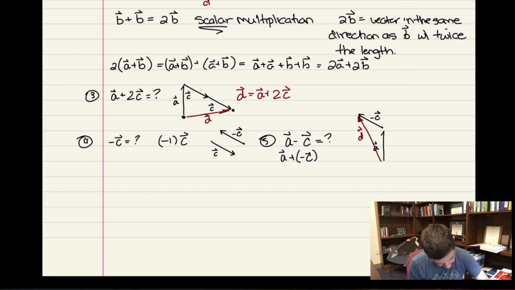It might be D. And I would call D in this case equal to A minus C. The negative sign just flips the direction. The length is still the same. If it's 1 meter per second, it remains 1 meter per second, but just is pointing the other direction.